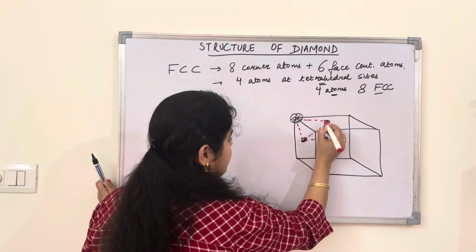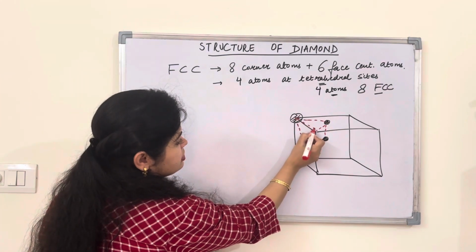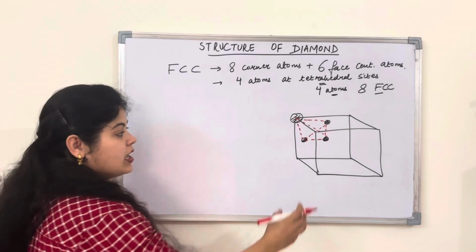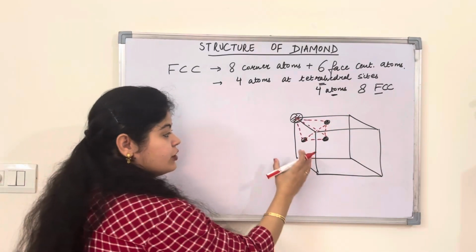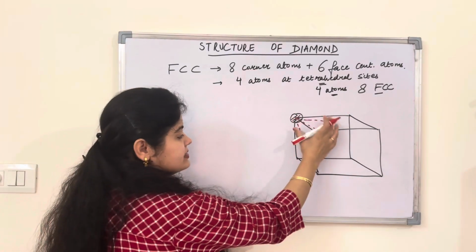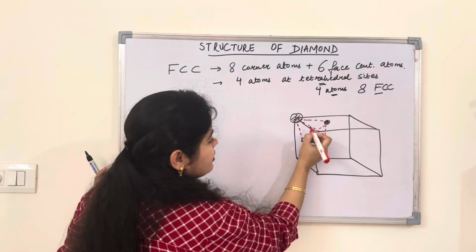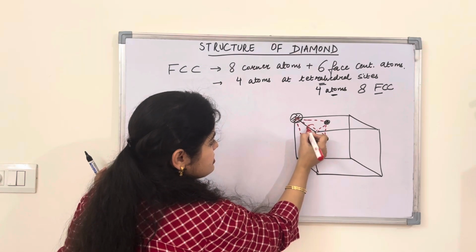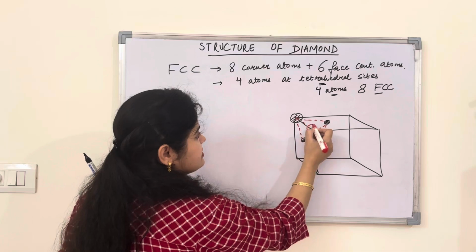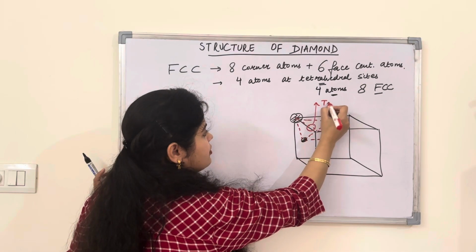So one corner atom and 3 face-centered atoms at every corner of a cube will make this type of a structure, and the void created like this is known as a tetrahedral void.